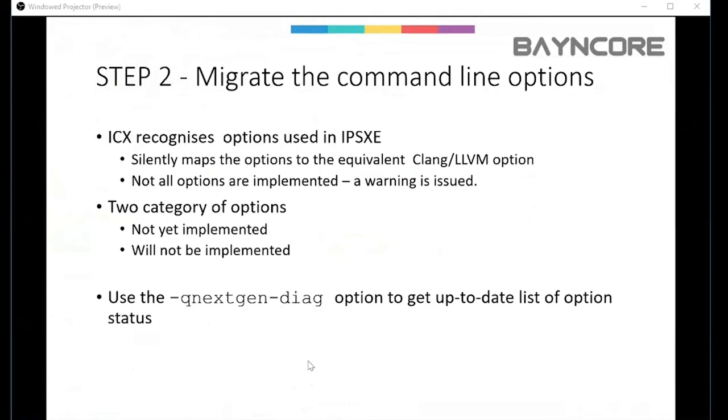There are two types. There'll be ones that are never going to be implemented and the ones that are not yet implemented. And the compiler will give you an up-to-date list of those if you want. So if you call ICX with this -Qnext-gen-diag, it'll give you a list of options and their status.